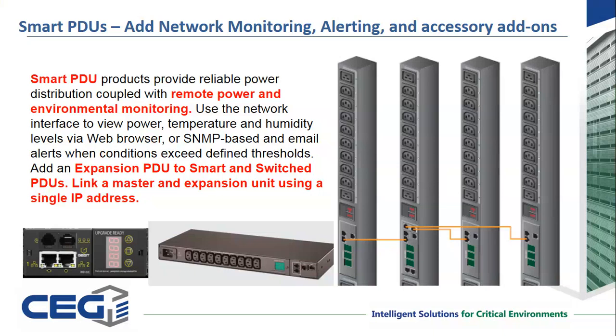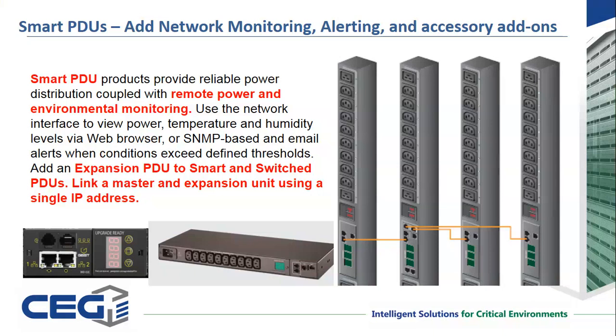So what our manufacturing partners do is they allow you to position a master and a linking unit. One IP address can control 2 to 4 power strips typically across the different manufacturers, and there's a physical cable that connects the master unit to a linking unit.